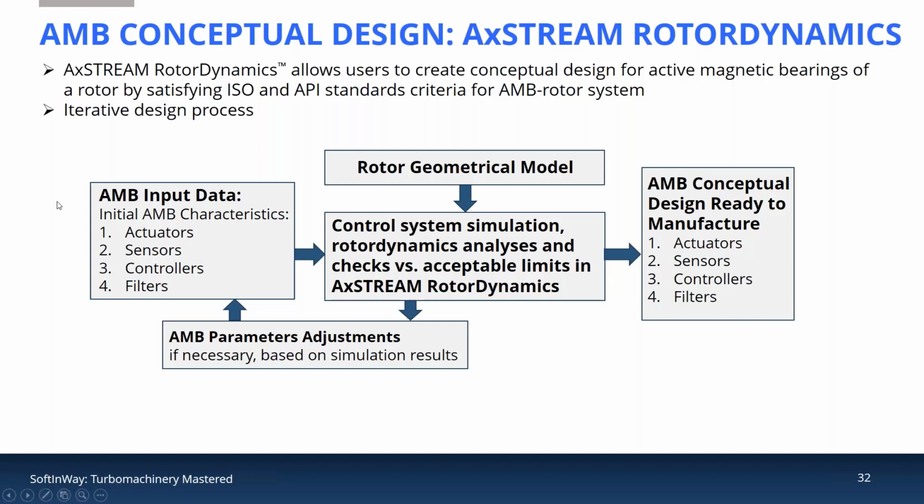So after this iterative process, when we know the optimal parameters of AMB defined by Extreme Rotor Dynamics, we can already implement them into the conceptual design. So this is the big advantage of Extreme Rotor Dynamics.